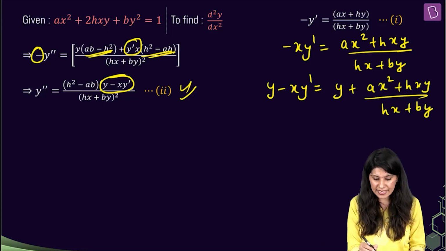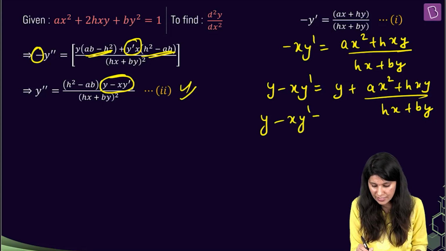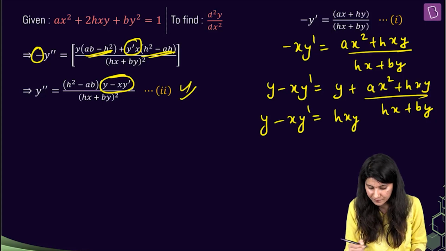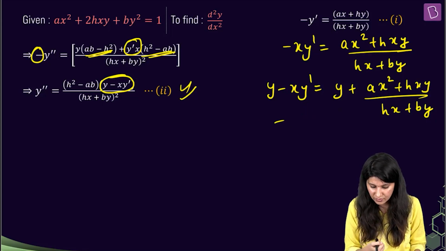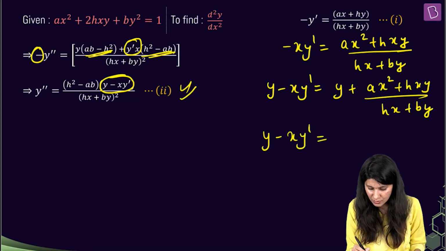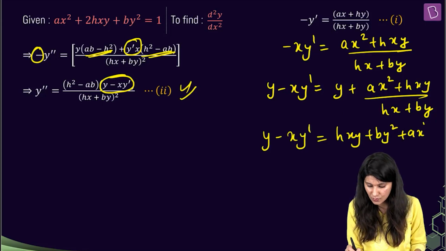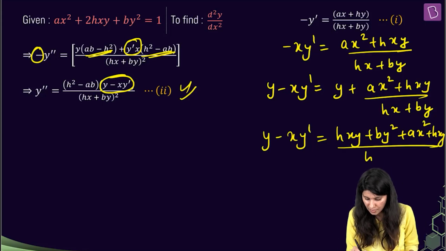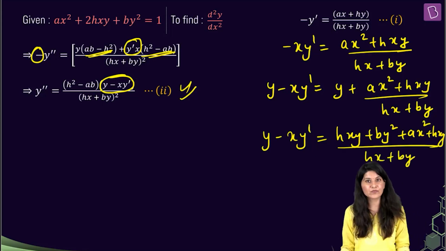Now just take LCM. y minus xy dash is equal to hxy plus by square plus ax square plus hxy whole upon hx plus by.